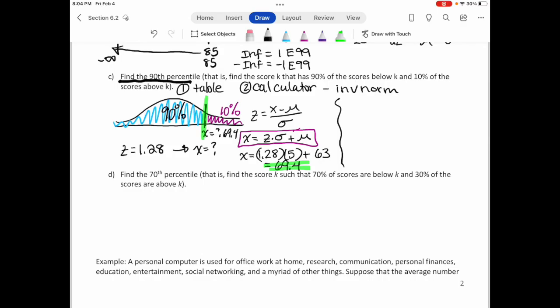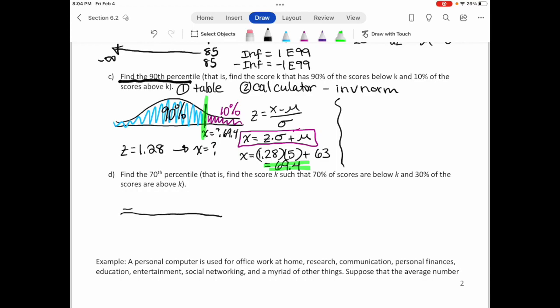In the last part, we're going to find the 70th percentile. So we're going to use the same methods as we did in part C. I'm not going to go through both methods again. I'm just going to use the calculator method, but feel free to practice using the table and the calculator method.